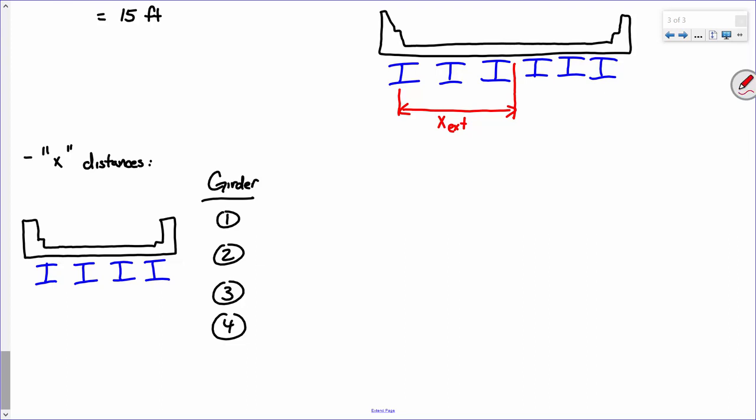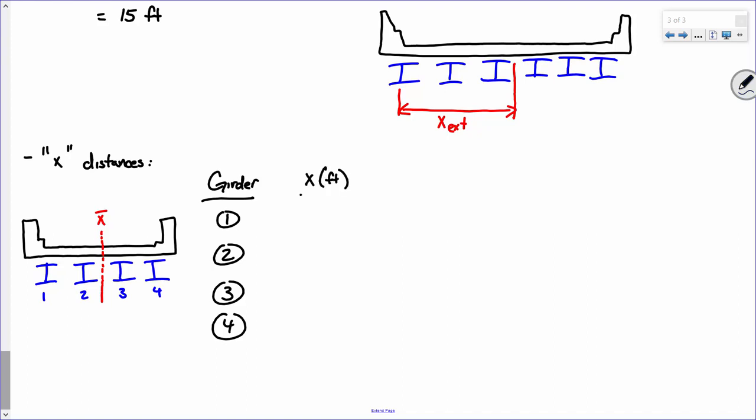Now I'm going to measure all of these distances from the center of gravity of these girders, which is essentially right here. So this is x bar. Make sense? Everybody good with this? Let's number these: this is girder 1, girder 2, girder 3, and girder 4.